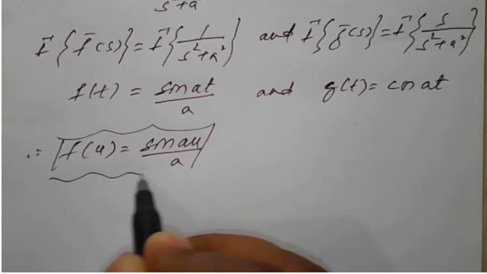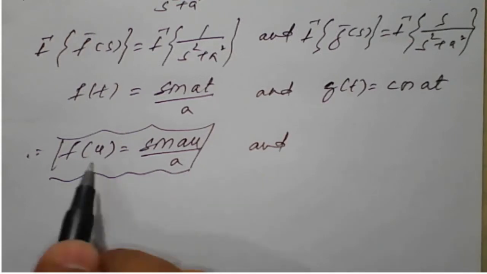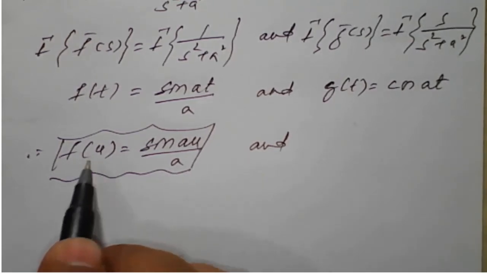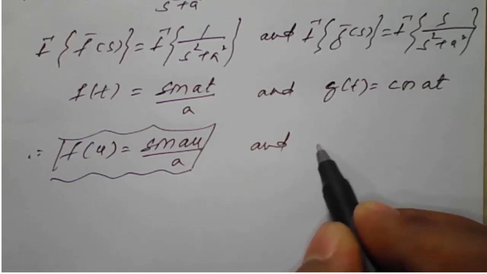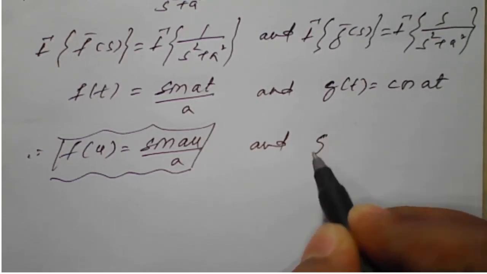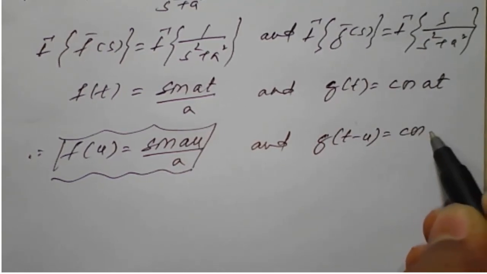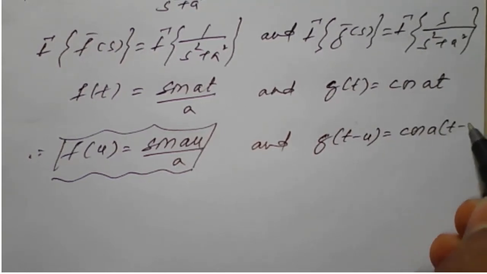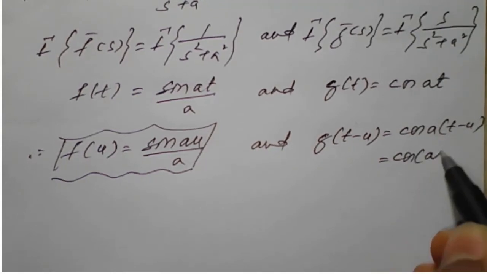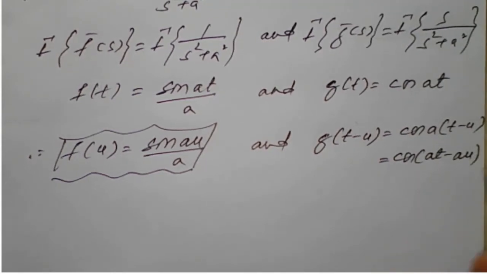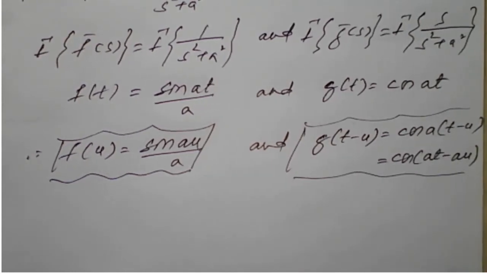In the other function we have to make it t minus u. So g of t minus u is equal to cos of a into (t minus u), which is nothing but cos of at minus au. So this is our g of t minus u.